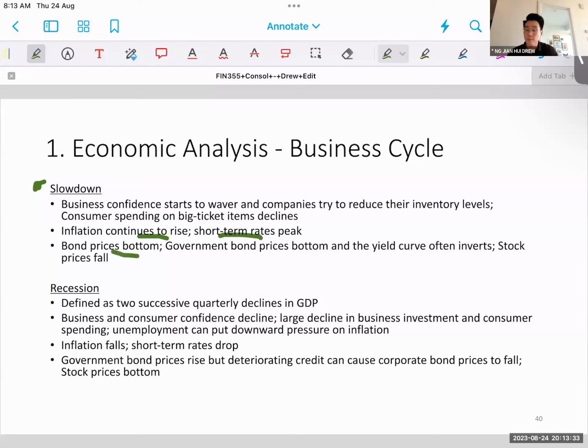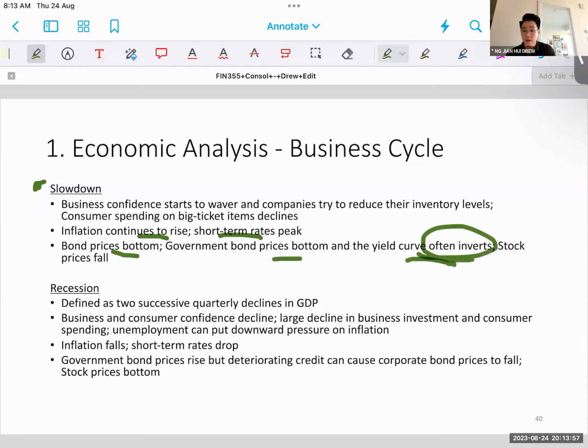Bond price bottoms, which was true because interest rate was very high. Bond price was so low, which is one of the reasons why the general economy in the US experienced a few bank failures, right? Because of the bond price. Government bond price bottoms, yield curve inverts.